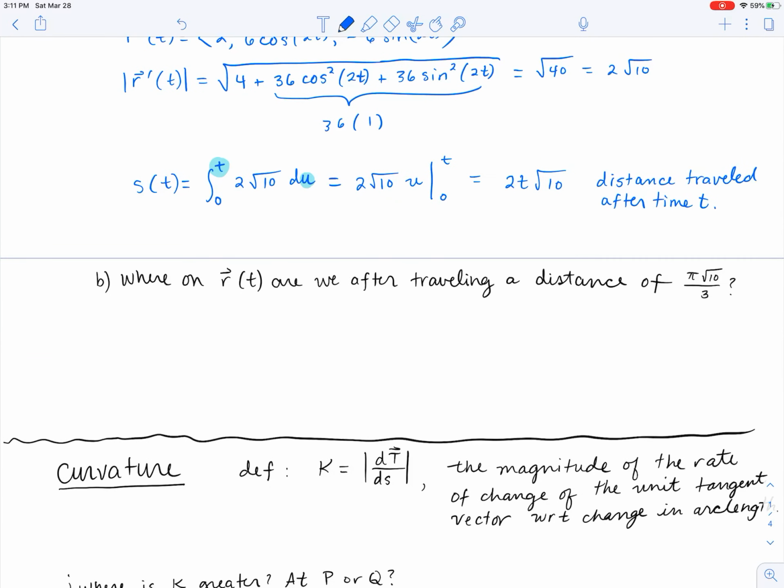Where on r of t are we after traveling a distance of pi root 10 over 3? So this pi root 10 over 3, that's s. And so we set s equal to 2t root 10 and solve for t.